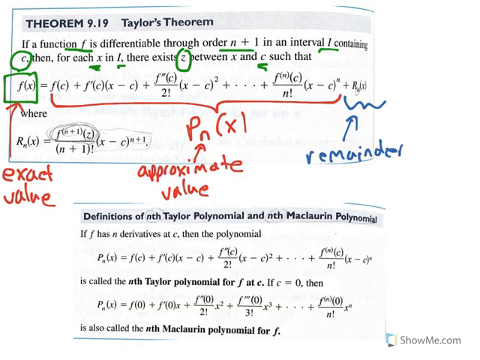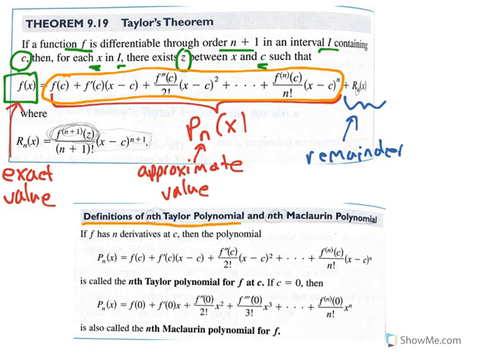I want to emphasize once again that the part here that I'm circling in gold now, what is this? It's the nth degree Taylor polynomial centered at c that approximates our function f, as we learned yesterday and the day before from this definition of nth Taylor polynomial centered at c.